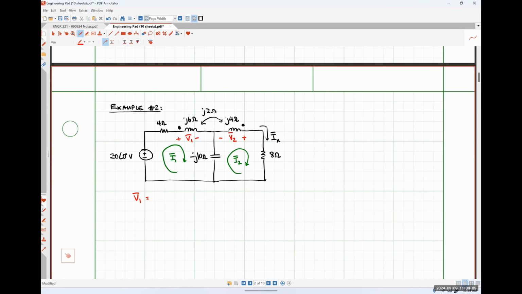All right. So somebody tell me what the self-induced portion of V1 should be. Positive I1 times J6 ohms. Positive J6 ohms times I1. I agree with that. Thank you, Ian.